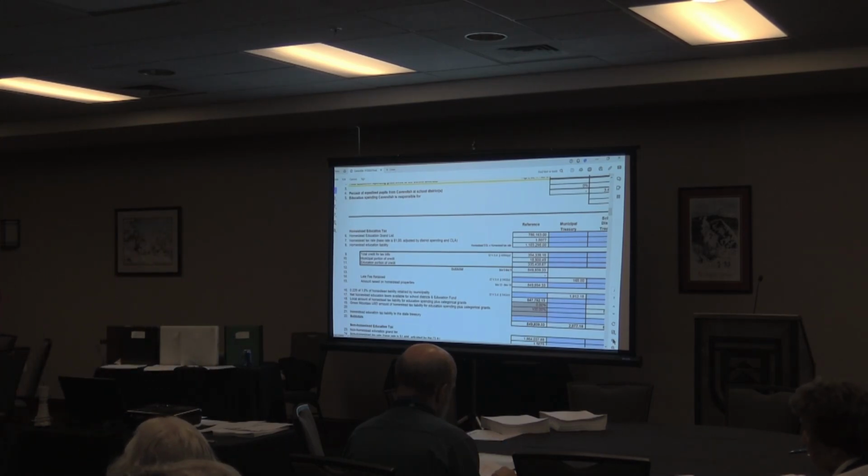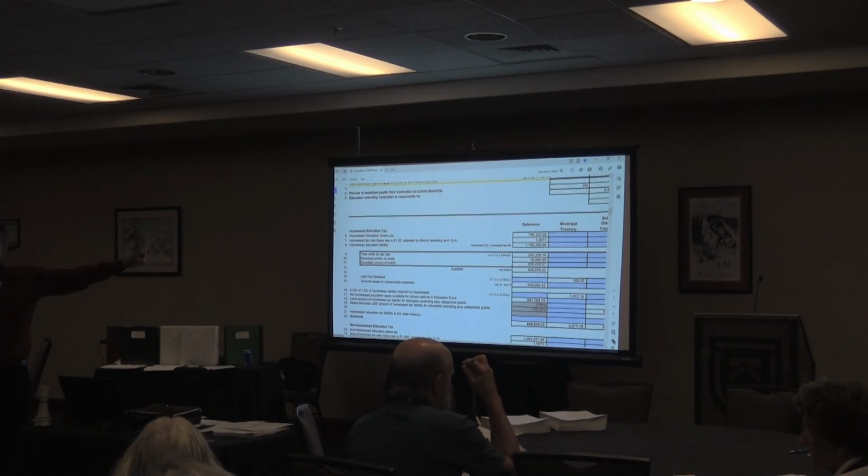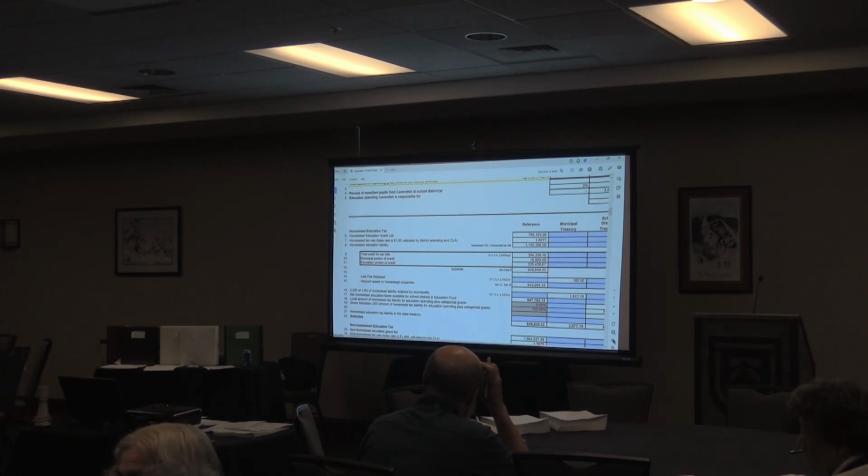So you have to add the two pieces together. Then you come up to the whole. Does that make sense? Patty? You have to add the local agreement rate back into your homestead ed rate.